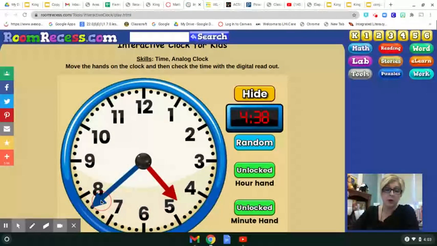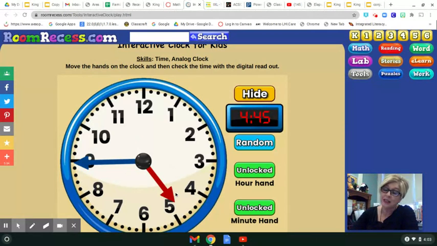4:35, 4:40, 4:45, and look at the hour hand now. The hour hand is starting to really move towards the next hour, the 5 o'clock hour. It's still in the 4s, but we're moving closer to the 5 o'clock hour. So the hour hand begins to move as well. It's not quite on the 5, but it's really close.